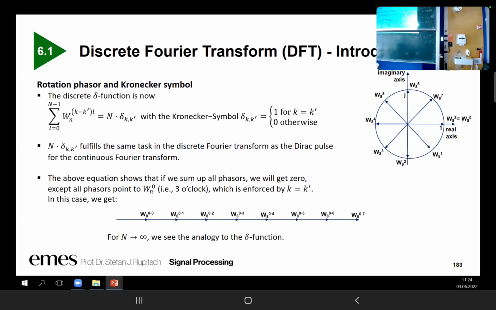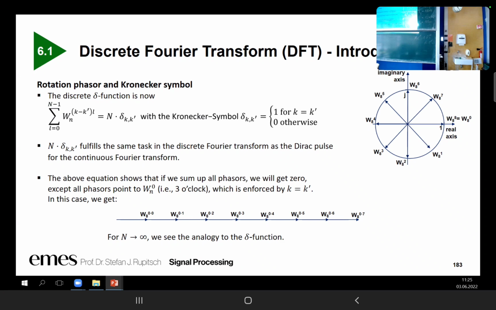This is also a part of the discrete Fourier transform which most of the lectures do not mention, but in my mind, for me it's really easy to understand the Fourier transform. Think about this fact: the rotation phasor is rotating in the opposite direction to our signal.